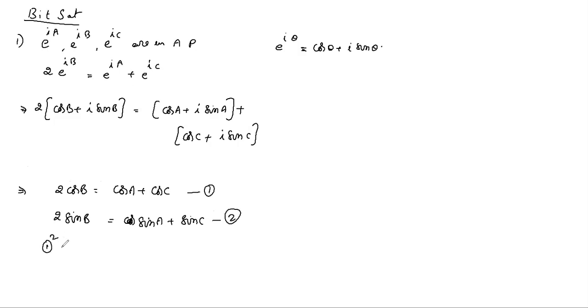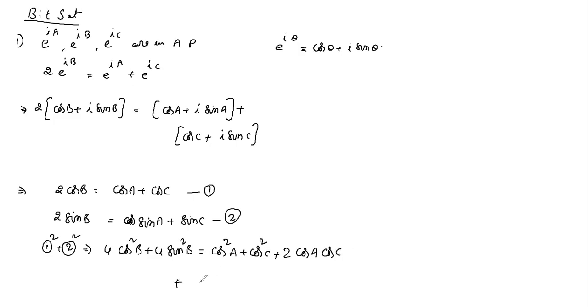1 square plus 2 square: 4 cos square b plus 4 sin square b. On the right, (cos a plus cos c) whole square, using (a plus b) whole square equals a square plus b square plus 2ab, gives cos square a plus cos square c plus 2 cos a cos c, plus similarly sin square a plus sin square c plus 2 sin a sin c.